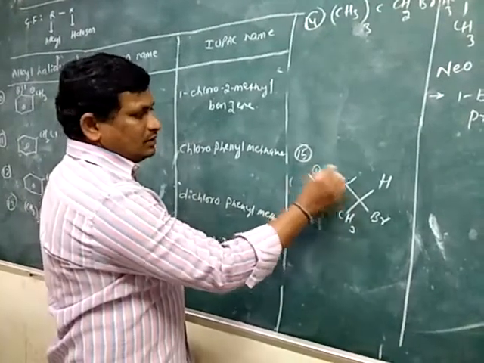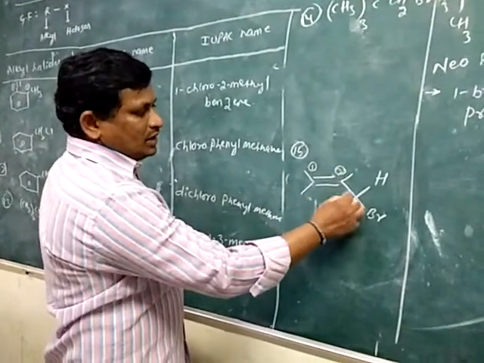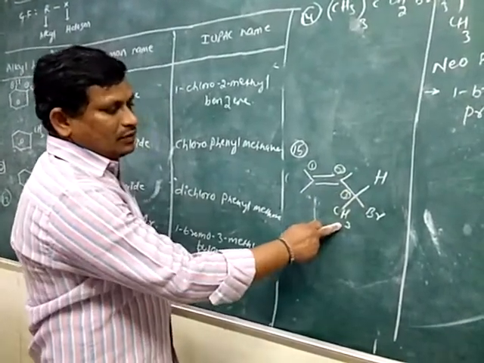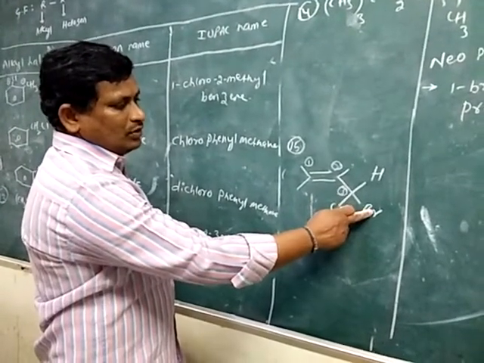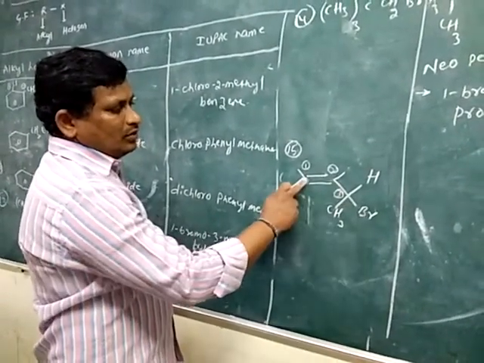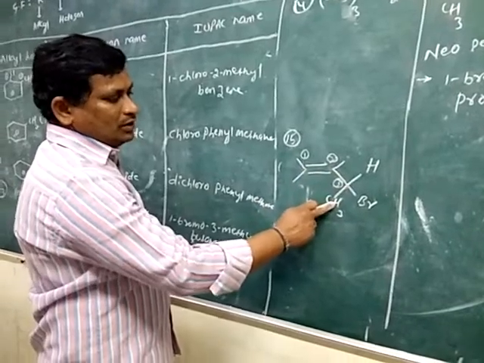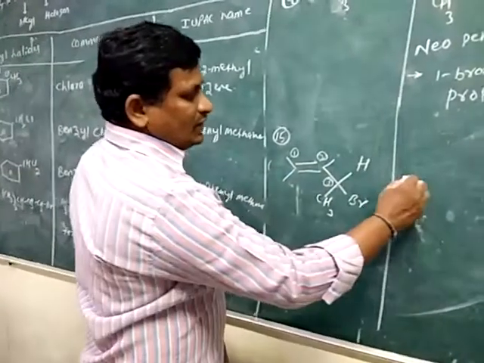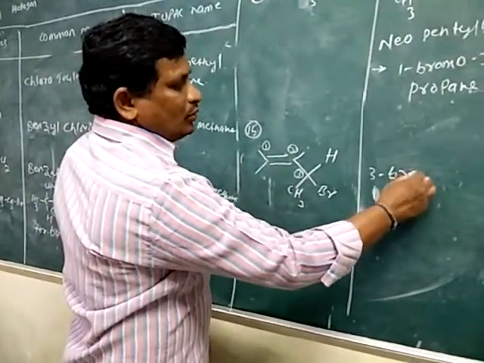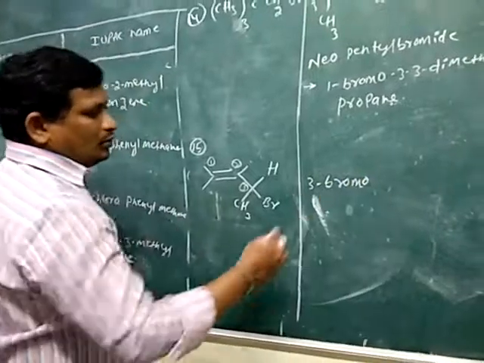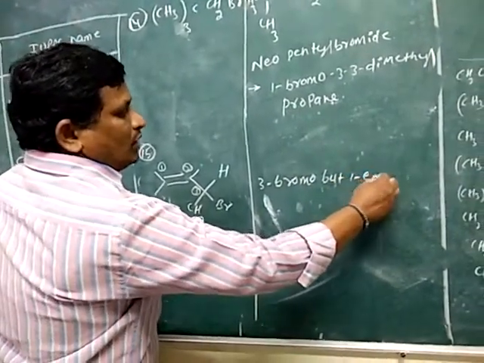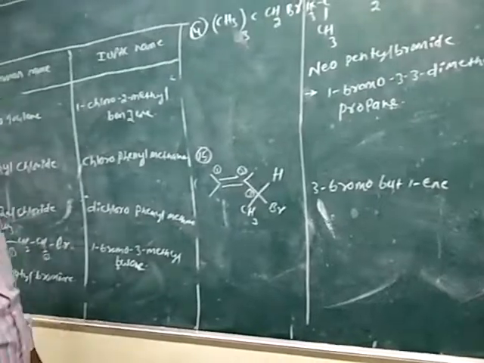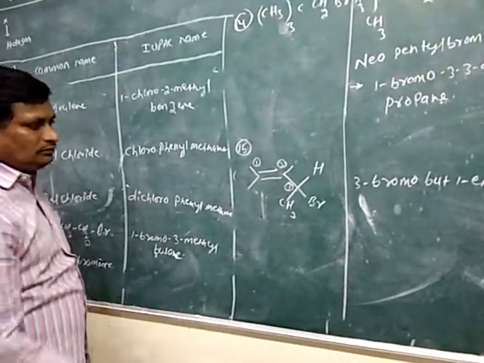So it is 3-bromobut-1-ene. It is the IUPAC name of the compound.